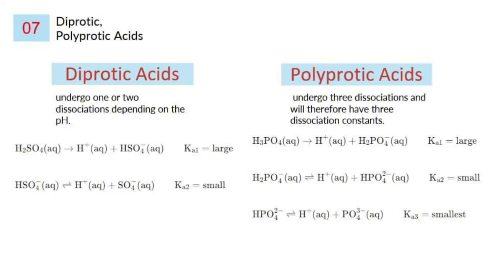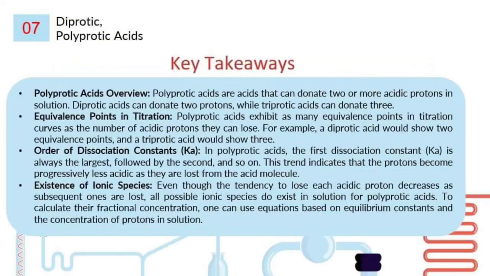The third dissociation constant is the smallest because the third dissociation step is the least favorable of all, resulting in a lower concentration of hydrogen ions in solution compared to the first and second steps.